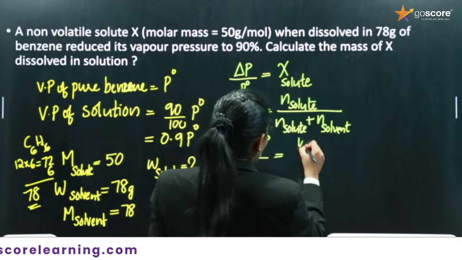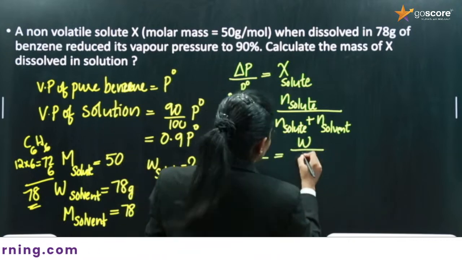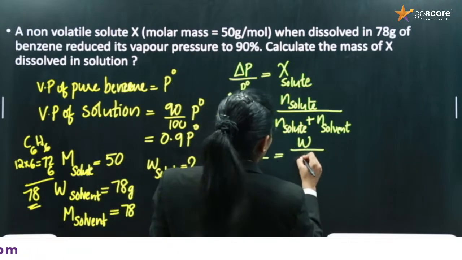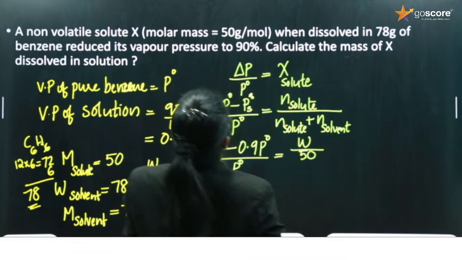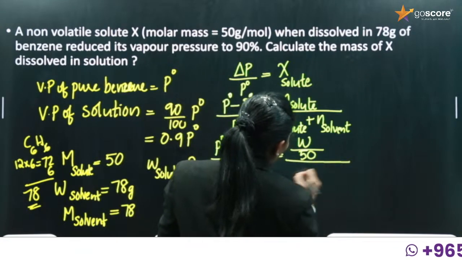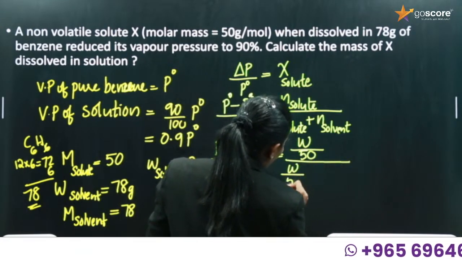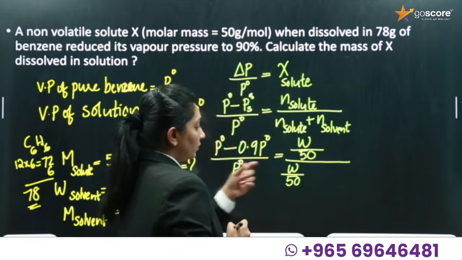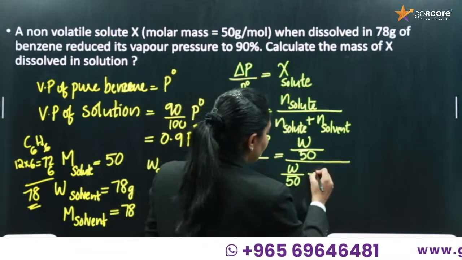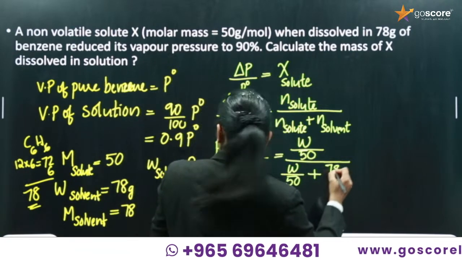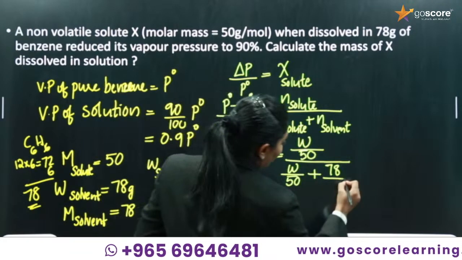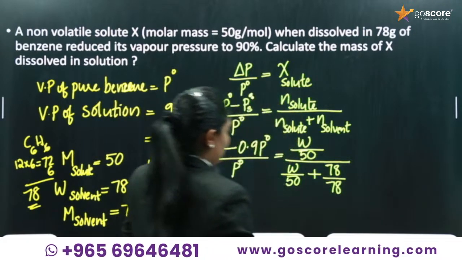So the mass of the solute divided by its molar mass, plus the mass of solvent, that is 78, divided by the molar mass of solvent, it is 78.